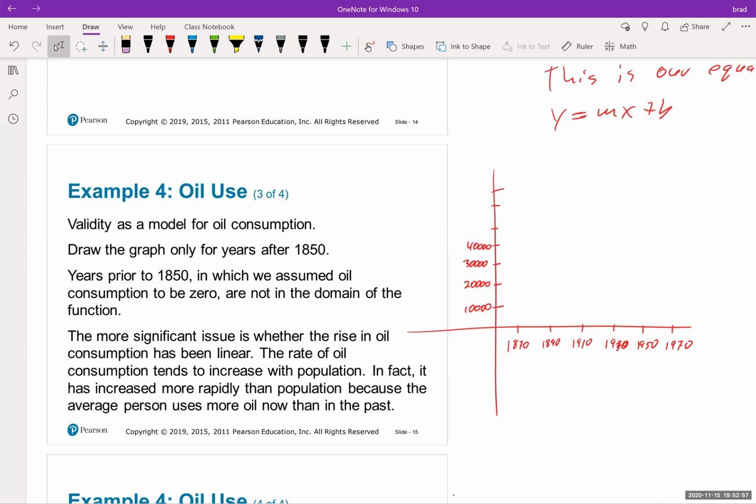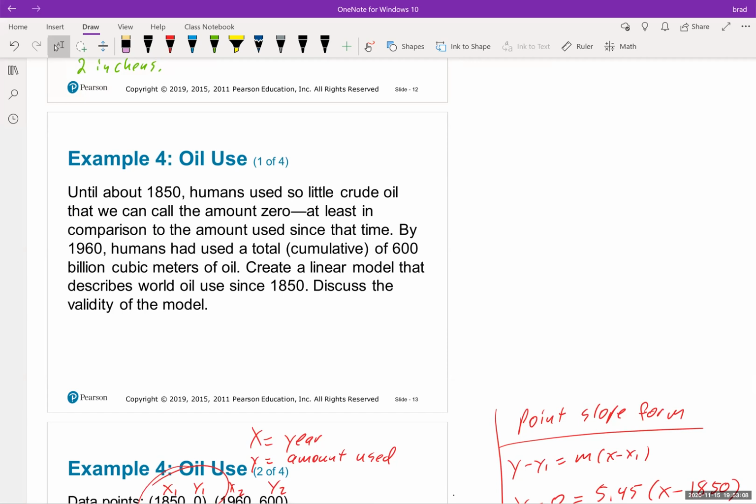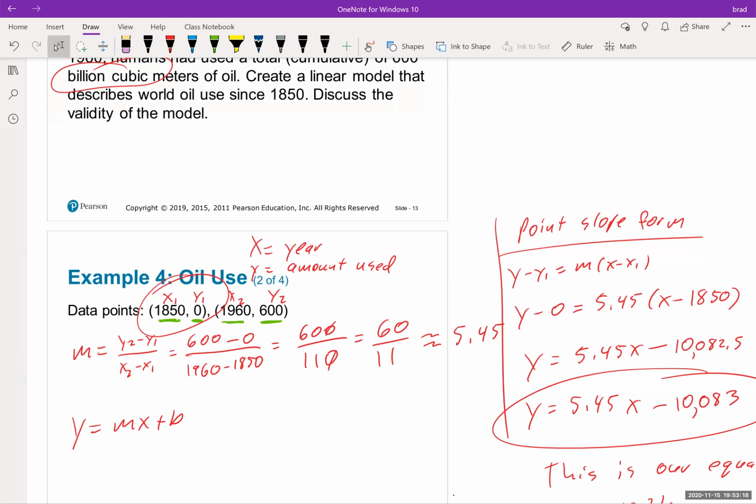See, the problem is, you guys, and this is in billions per year. I didn't read the problem thoroughly enough. Right here, what's just messed me up is billion cubic. So this does not stand for 600. This is 600 billion cubic meters of oil. Okay.